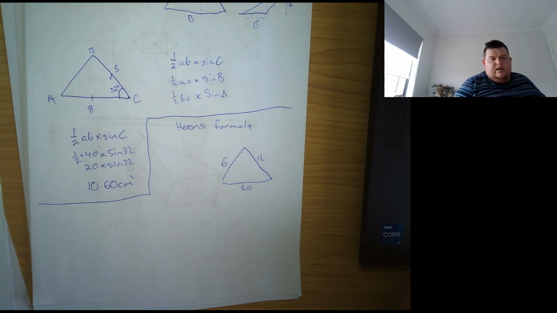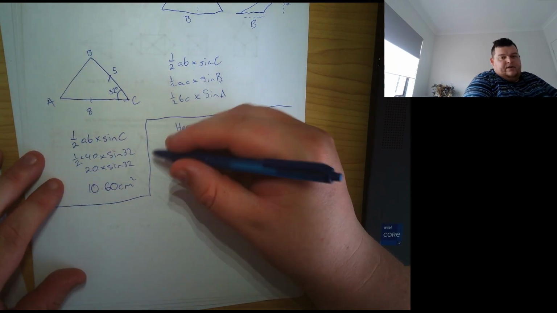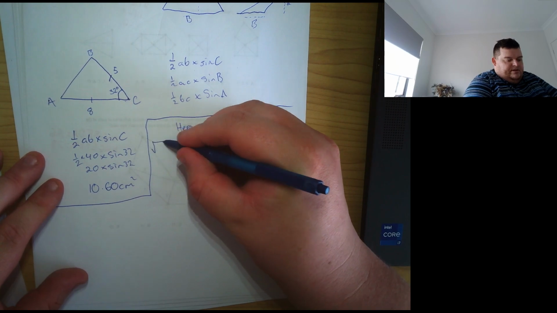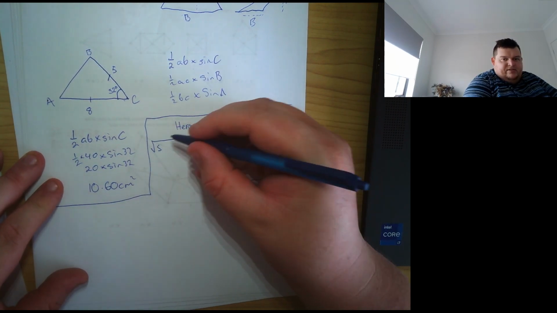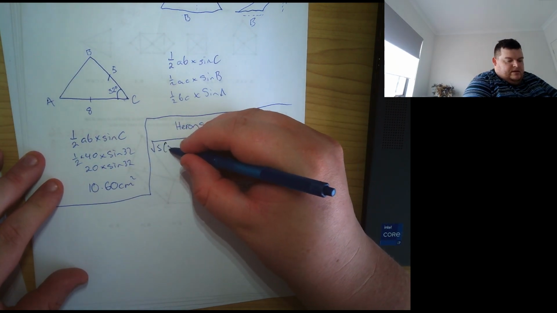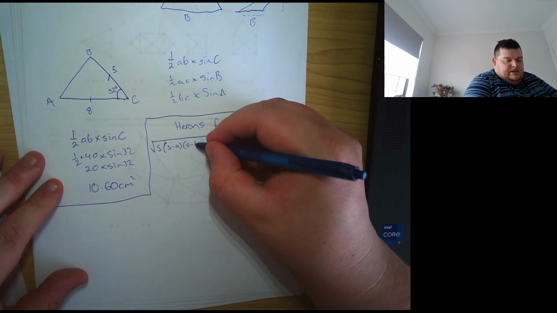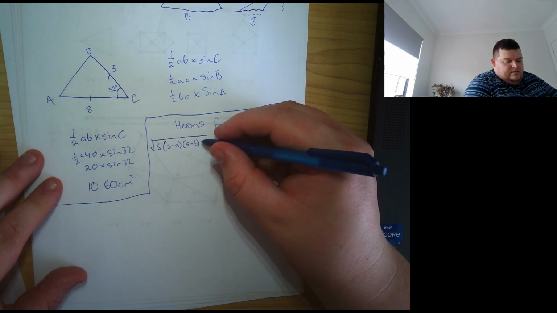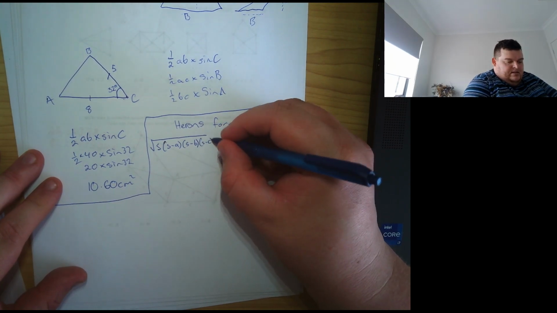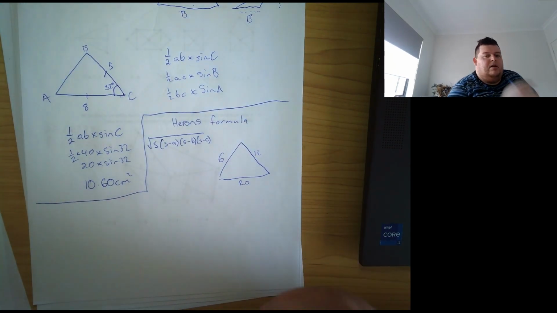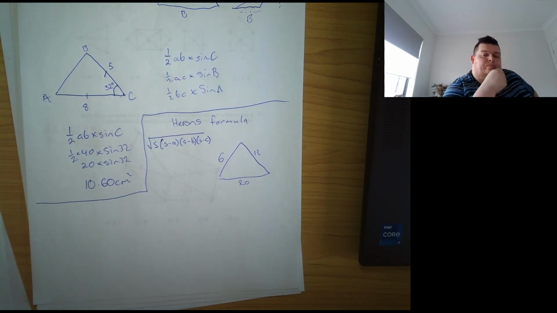The formula for Heron's formula is the square root of S times (S minus A), (S minus B), (S minus C).